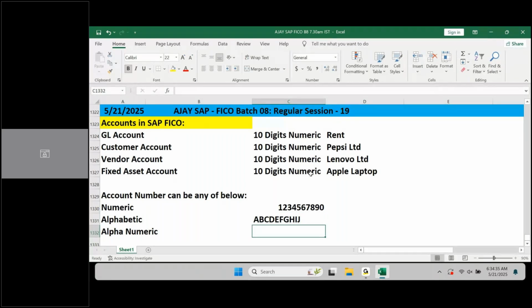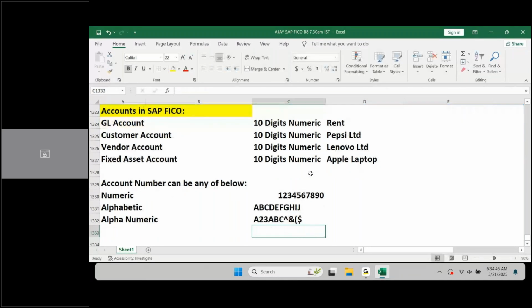Alphanumeric means a combination of both. Numeric means pure numbers. Alphabet means pure alphabetic. Alphanumeric means number, alphabet, and then special character together.